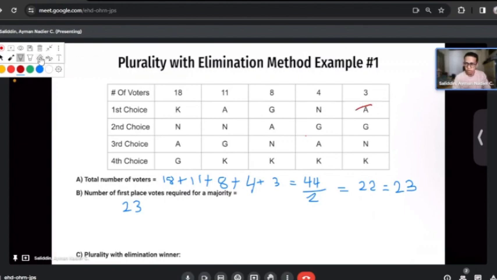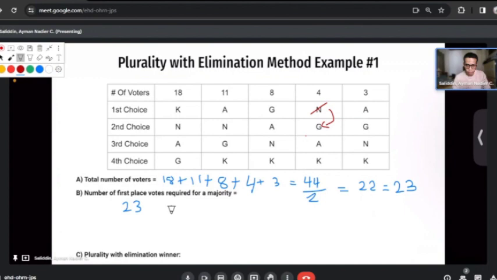The first one to go is Nadir with 4 votes. Now, those 4 votes go to Girly.